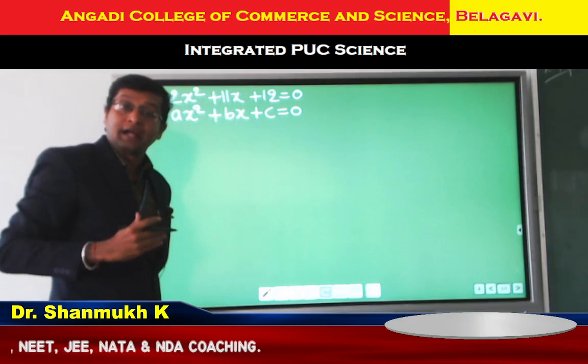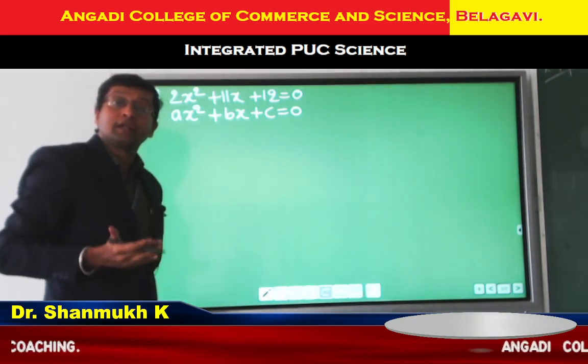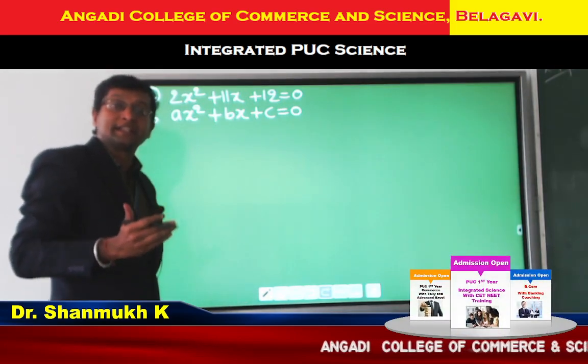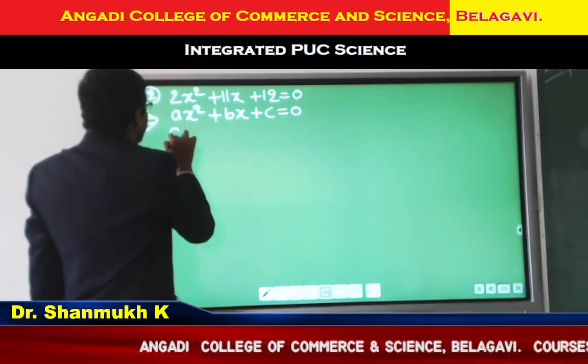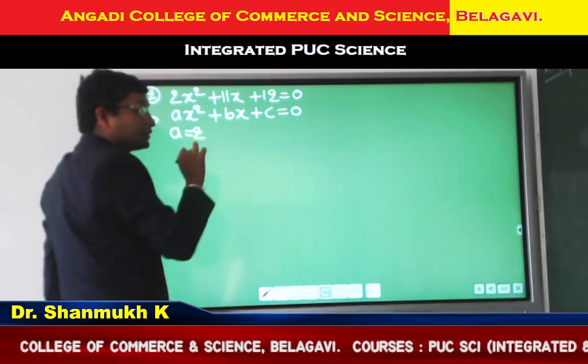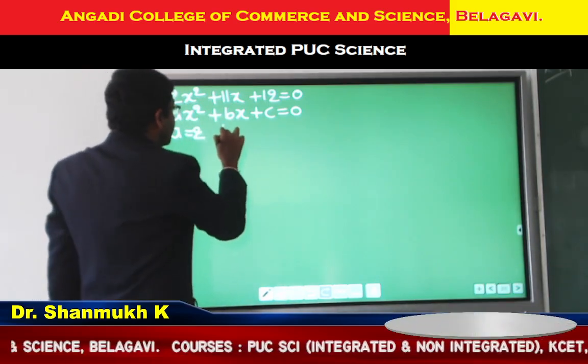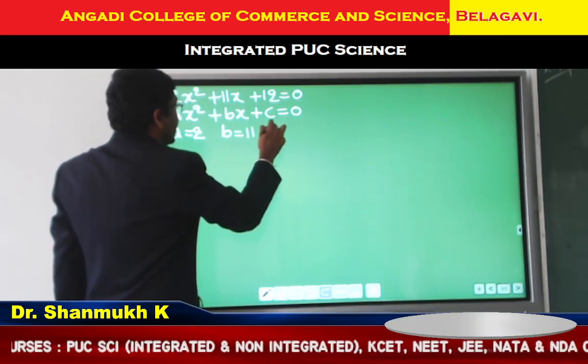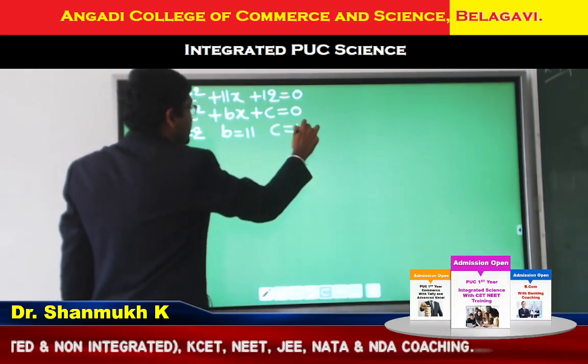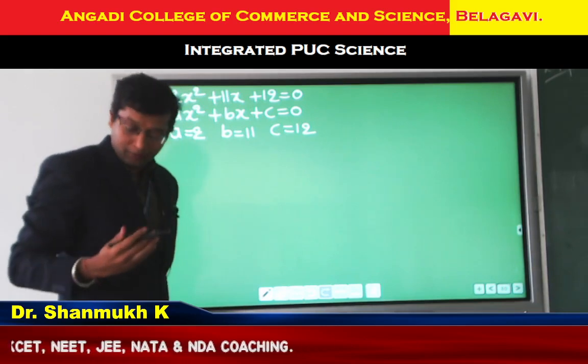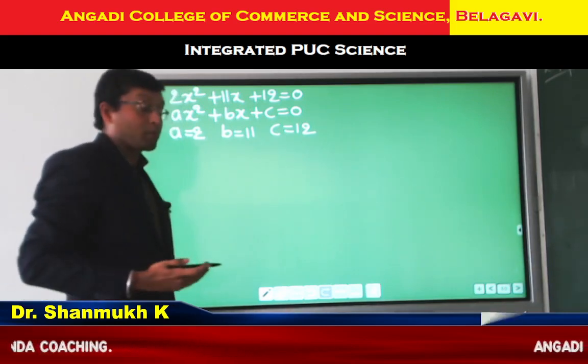Compare it and write the values for a, b and c. So a we get as 2 here, b equal to 11 and c we get as 12.